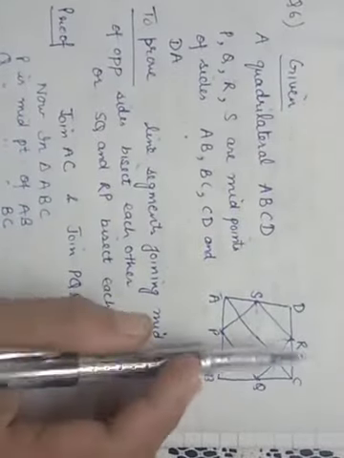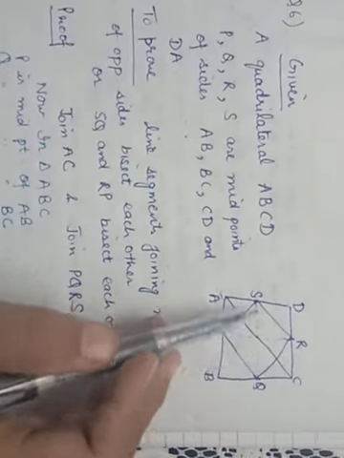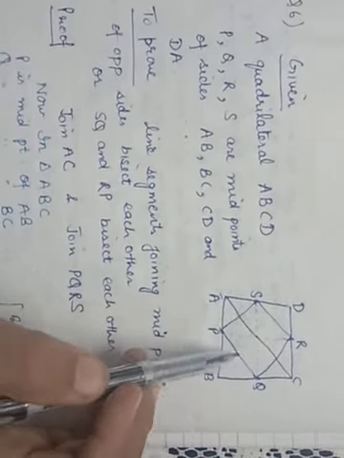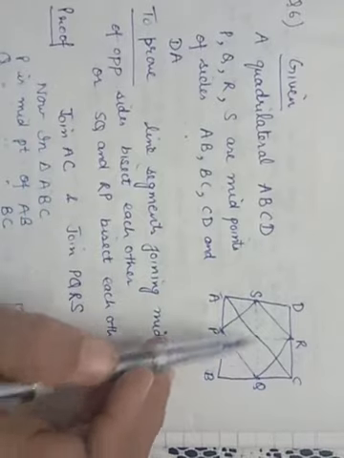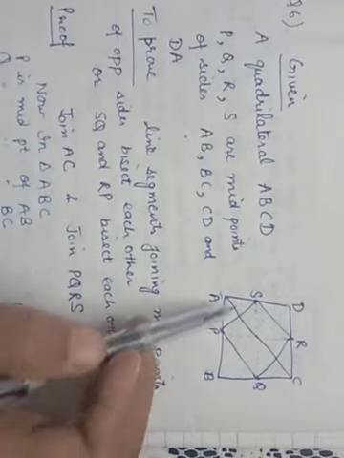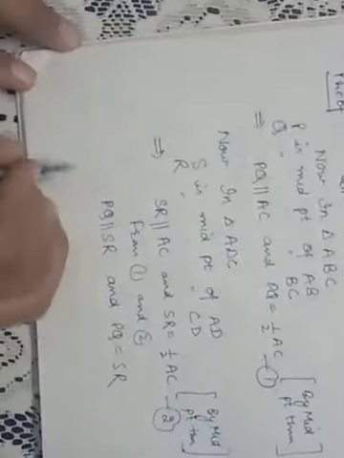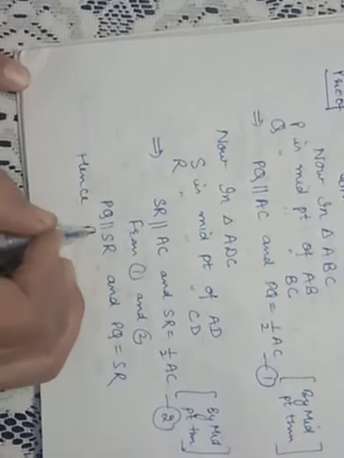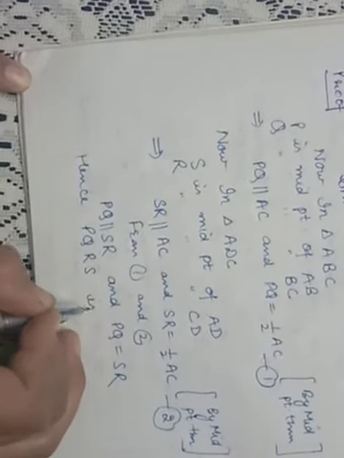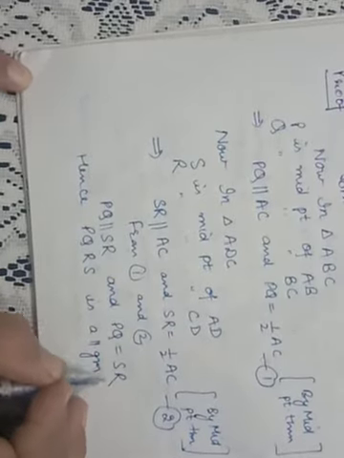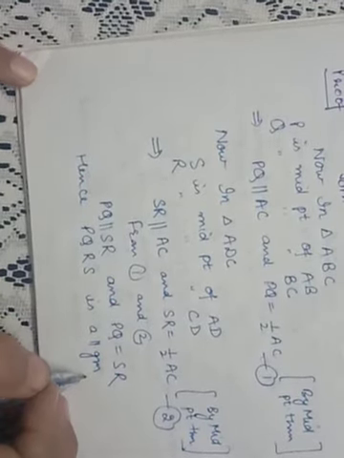So, see the diagram, we have proved PQ and SR are parallel and equal. If one pair of opposite sides is equal and parallel, then it will become a parallelogram. Hence, PQRS is a parallelogram.